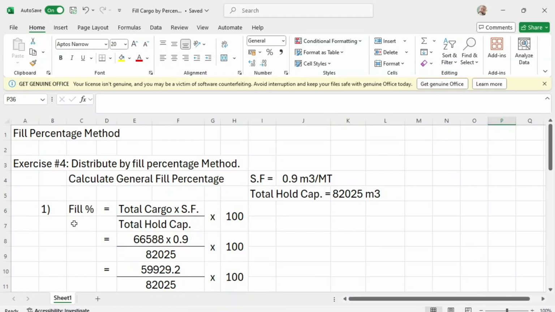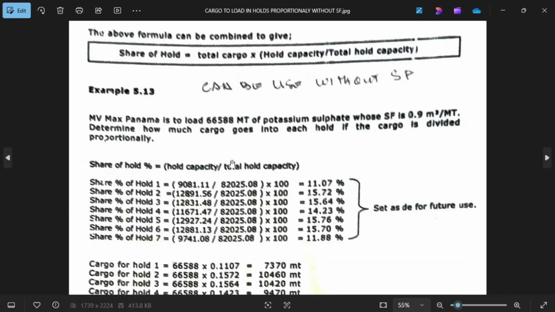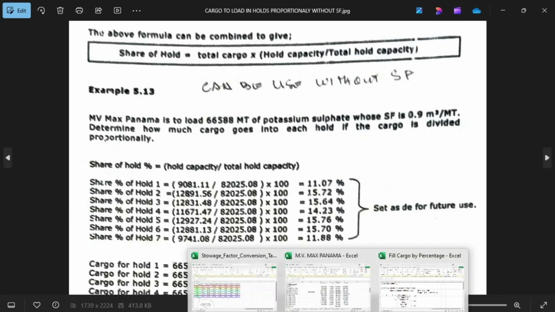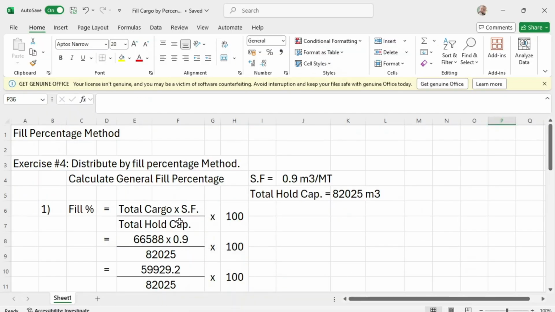And this is the formula in fill percentage: your total cargo, which is 66,588 metric tons, times the stowage factor of this one, 0.9 cubic meter per metric ton, over the total hold capacity of 82025. Okay, then you multiply this by 100.